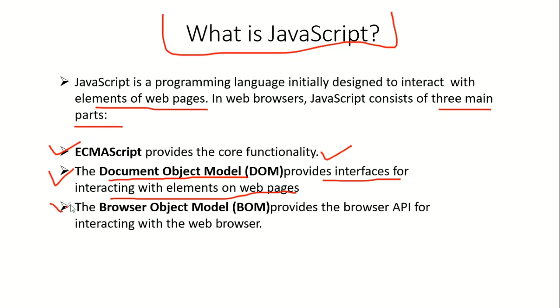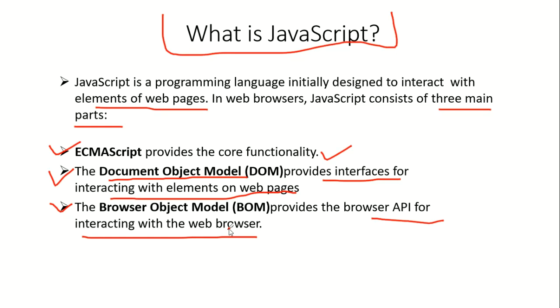Then coming to the Browser Object Model, BOM. As a shortcut we say BOM. It provides the browser API for interacting with the web browser. It is used to interact with the web pages and with the web browser, like Google Chrome, Safari, Microsoft Edge, Firefox, and many more.